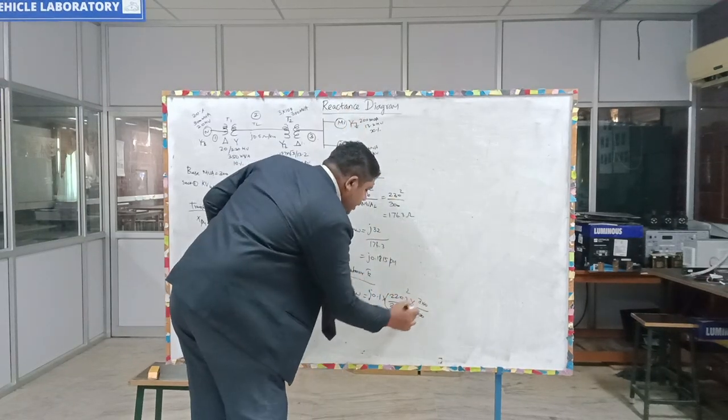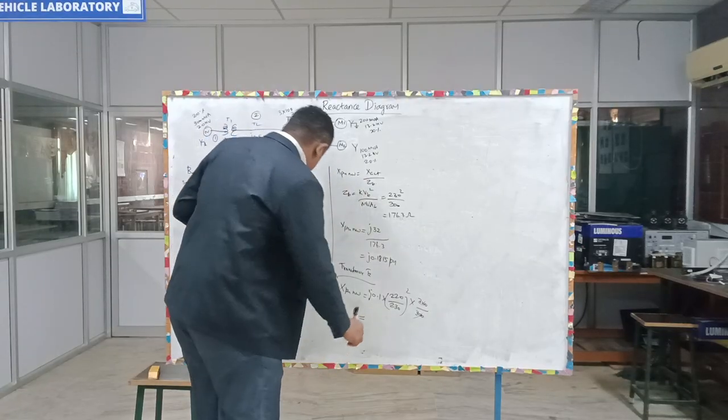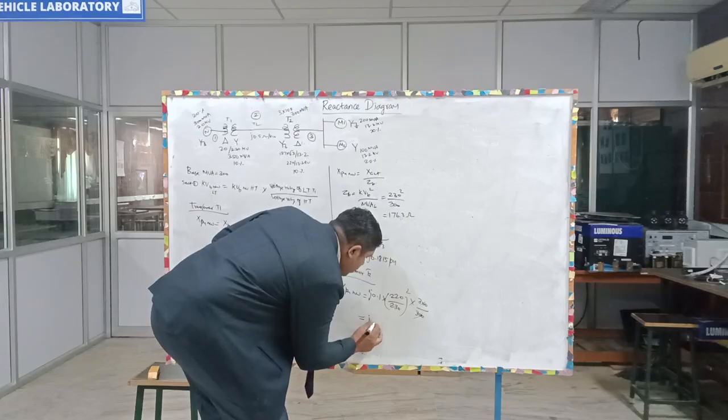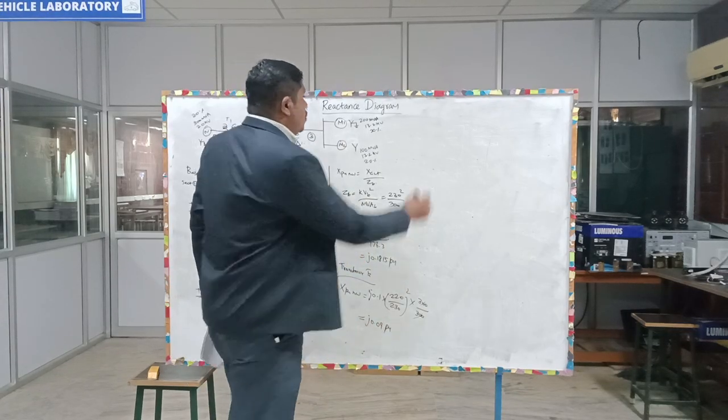So 300 gets cancelled. If you simplify this, transformer T2 gives J0.09 per unit.